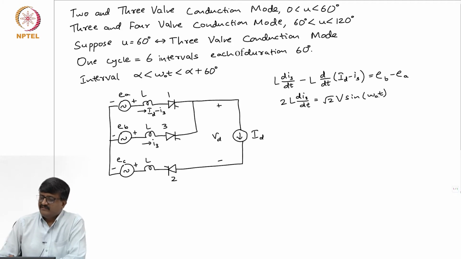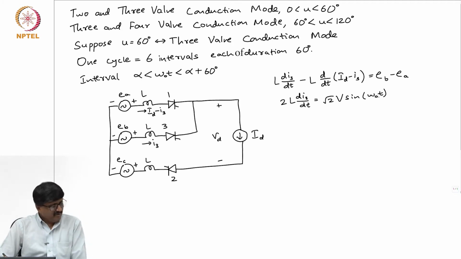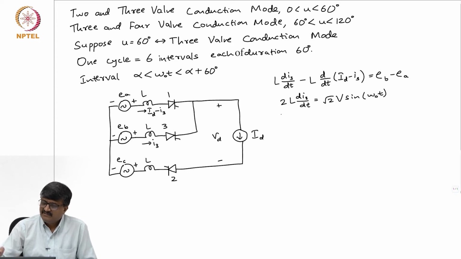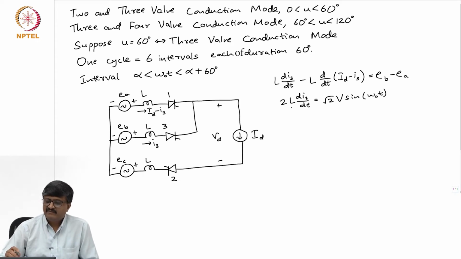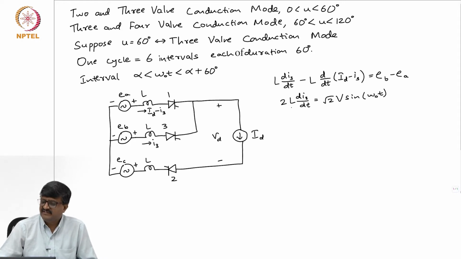We can solve this equation, and we know the initial condition. This equation is applicable for omega t greater than alpha and less than alpha plus 60 degrees. We know that I3 at alpha is 0.